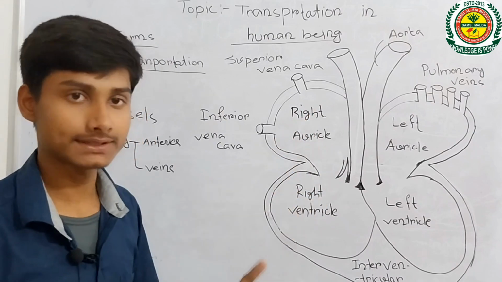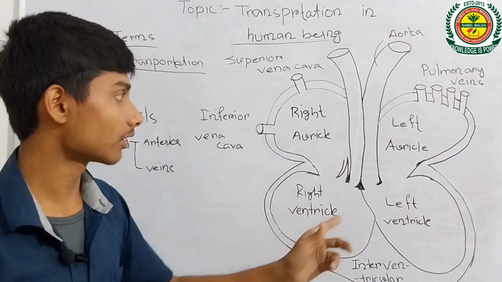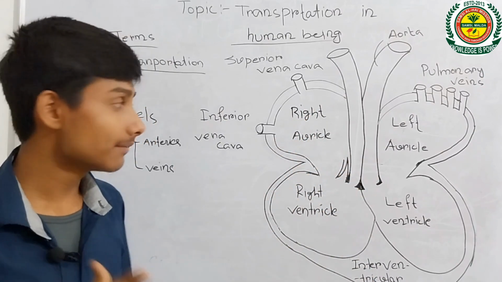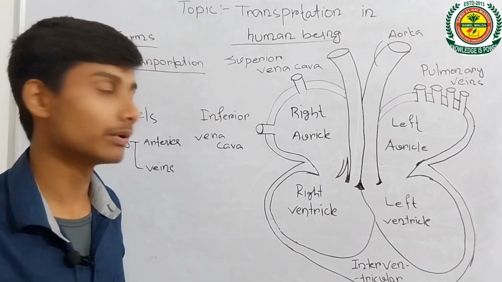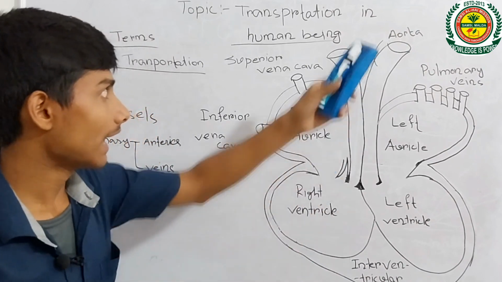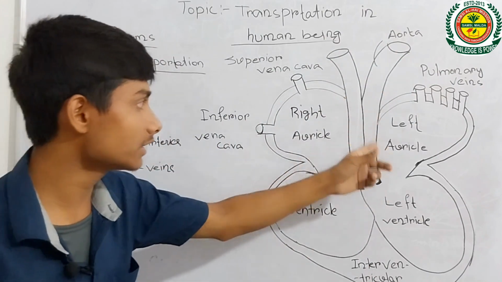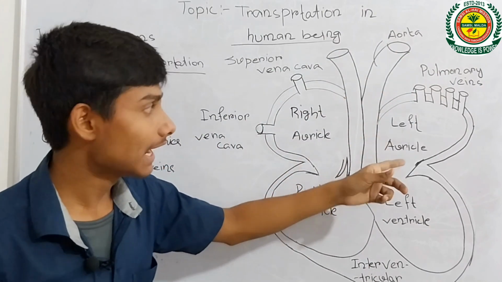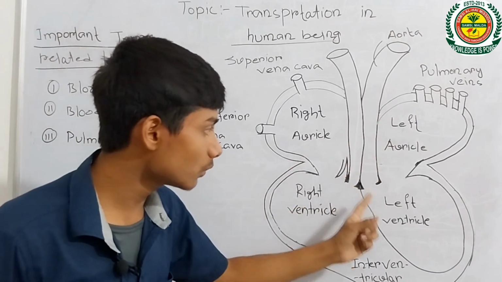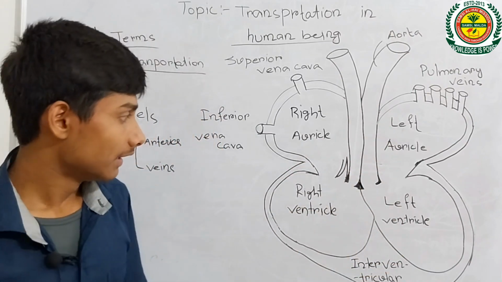As the blood enters any chamber of the heart, the chamber relaxes and in return it contracts. So the oxygenated blood enters the left auricle, which relaxes, and in return it contracts and the blood goes to the left ventricle.